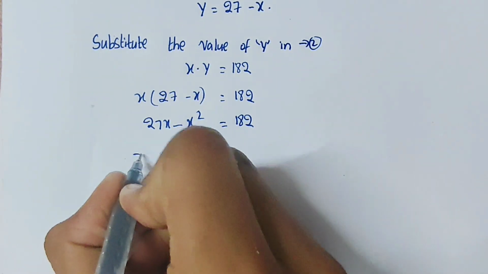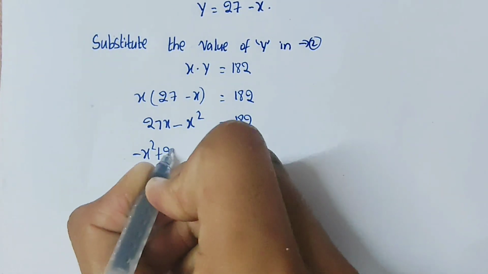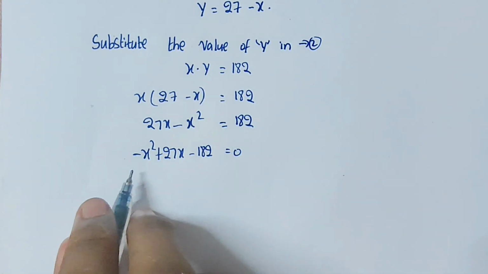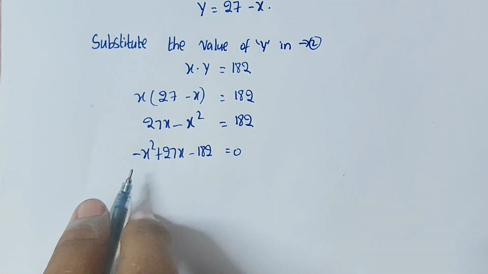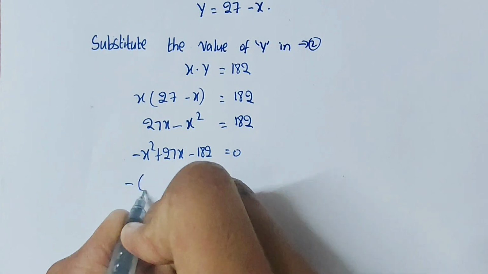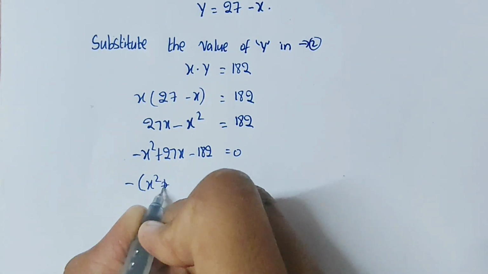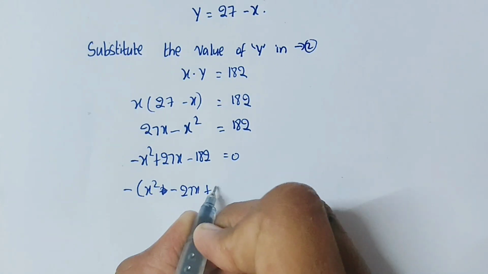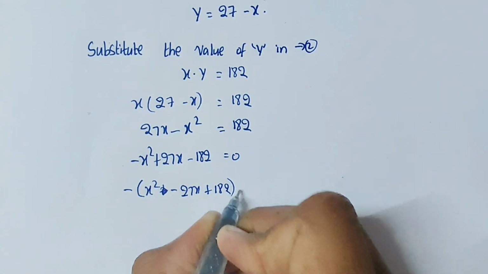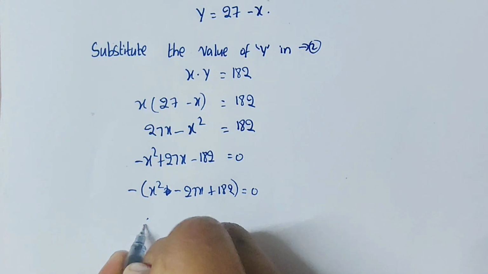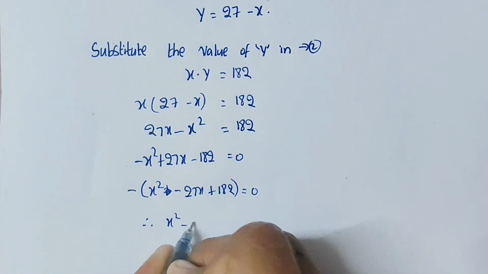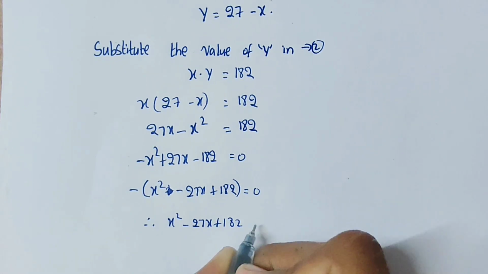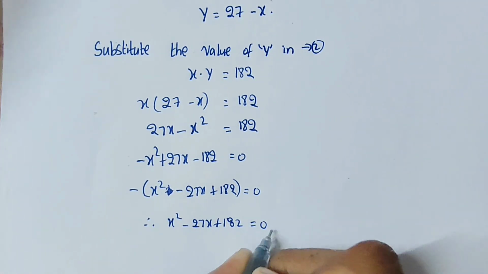Then it becomes minus x square plus 27x minus 182 equals 0. Here there is a minus for the x square, so I am taking minus common. Therefore we got x square minus 27x plus 182 equals 0.